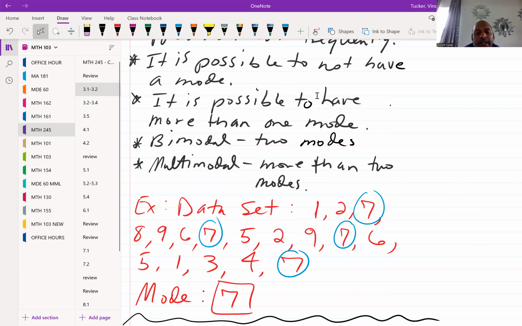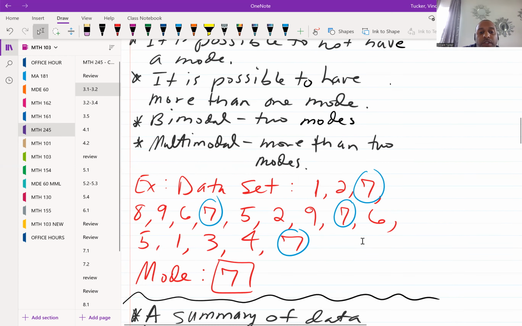If our data set is 1, 2, 7, 8, 9, 6, 7, 5, 2, 9, 7, 6, 5, 1, 3, 4, 7, our mode would be 7 because 7 appears the most times. Any questions, any problems?